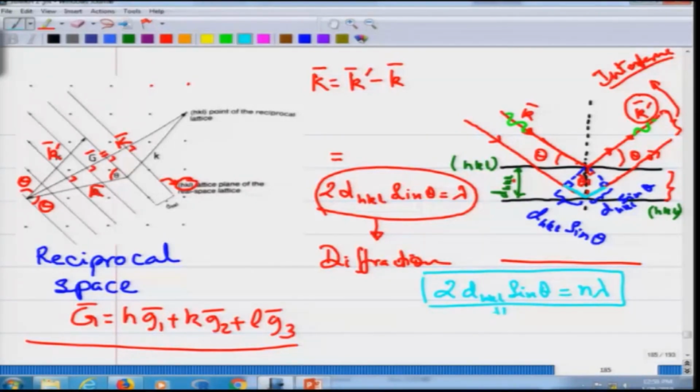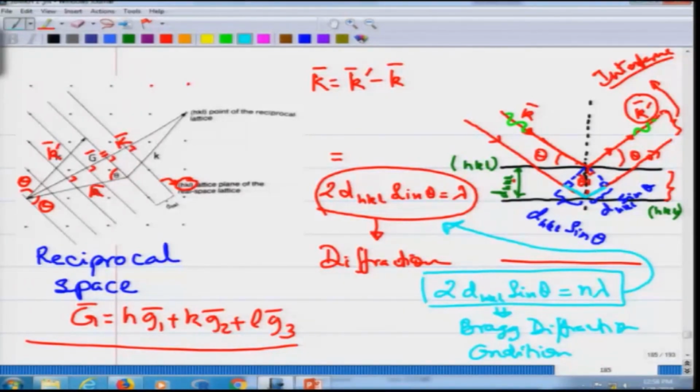This will give you your Bragg diffraction condition, which is also what we have obtained from our Laue diffraction.